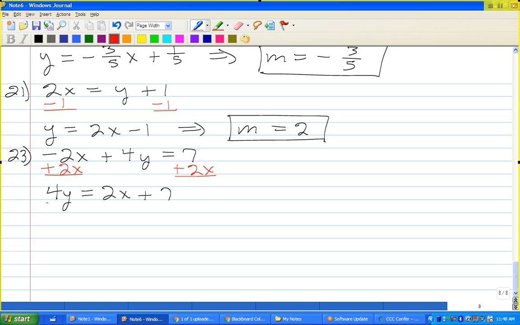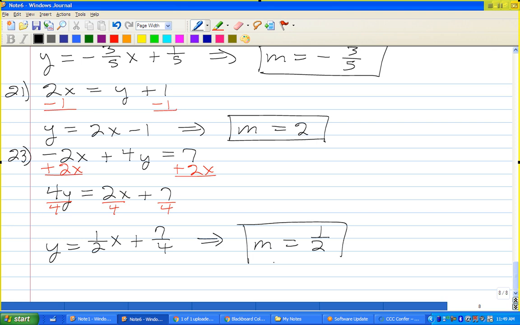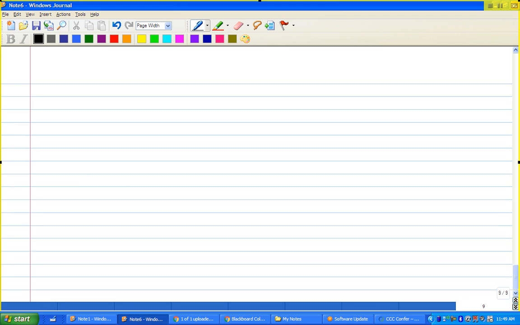Divide by 4. And so y is equal to, well, 2 divided by 4, I can divide both 2 and 4 by 2. So I get 1/2 x plus 7/4. Therefore, the slope of my line is 1/2. Let me do problem number 25.